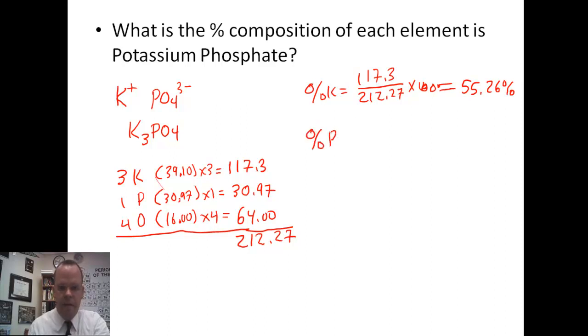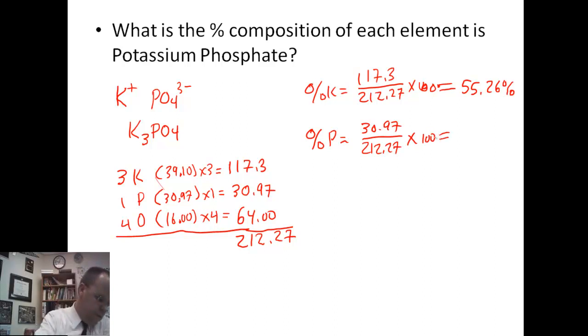The percent phosphorus will be the mass of phosphorus, 30.97, divided by the total, 212.27, times 100. Which will be 14.59%.